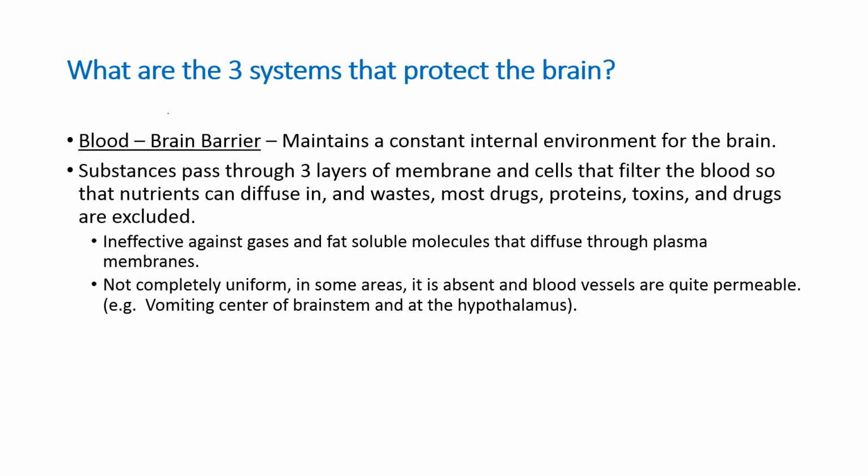Now, it's not effective against everything. For example, some of your lipid-soluble toxins are not kept out by the blood-brain barrier because those toxins can diffuse through the membranes that make up this barrier. Gases also can diffuse straight through, so it's ineffective against gases as well.